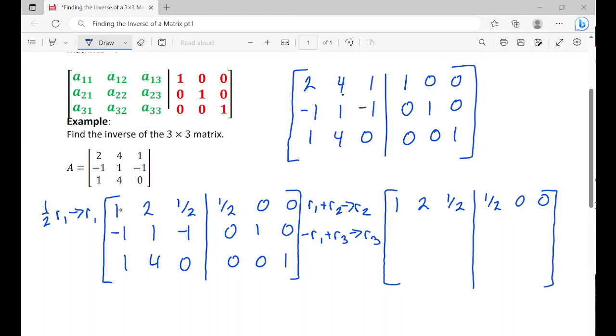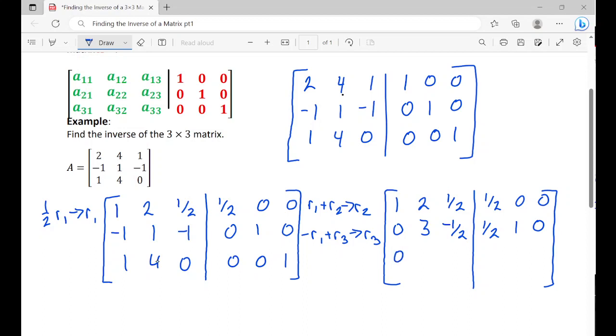Now, 1 plus negative 1 is 0. 2 plus 1 is 3. 1/2 plus a negative 1 is a negative 1/2. 1/2 plus 0 is 1/2. 0 plus 1 is 1. And then 0 plus 0 is 0. Now, negative 1 plus 1 is going to give me 0.